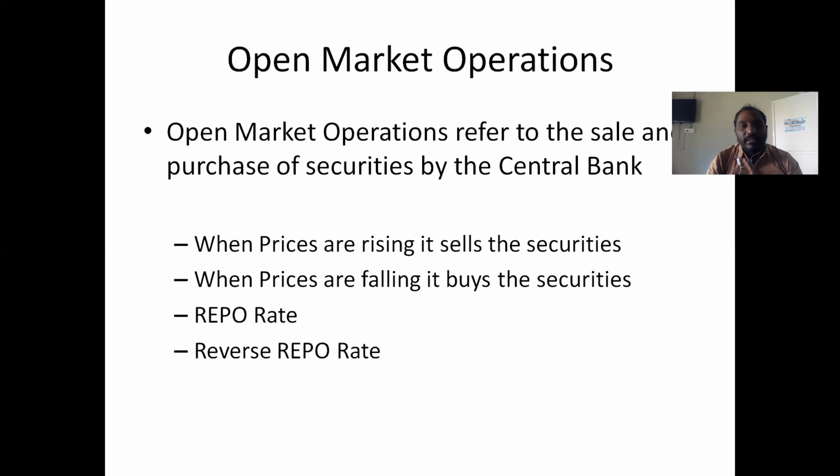When the prices are rising, it sells the securities in its vault. When it sells the securities, the money in circulation will be sucked out and will go to the central bank. When the prices are reducing, it buys the securities. When it buys the securities from the people, the money availability will increase.